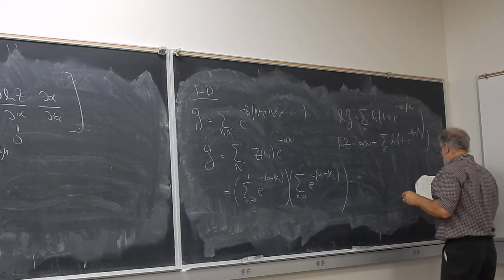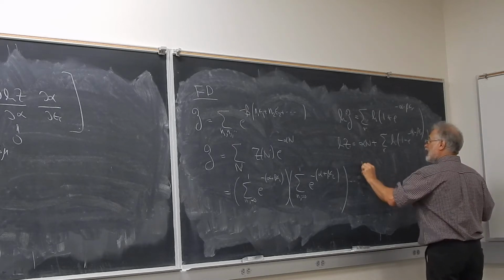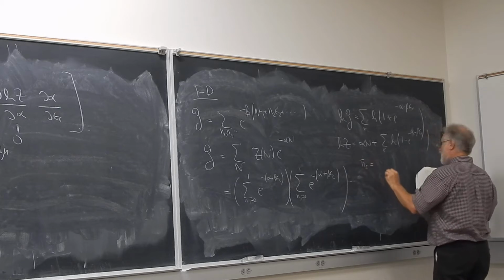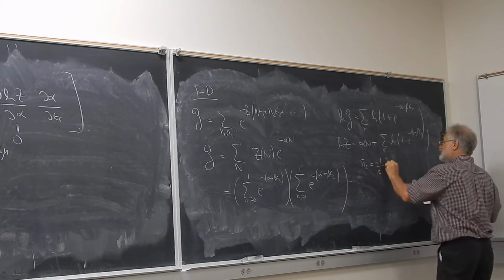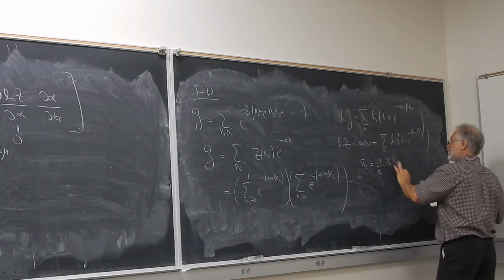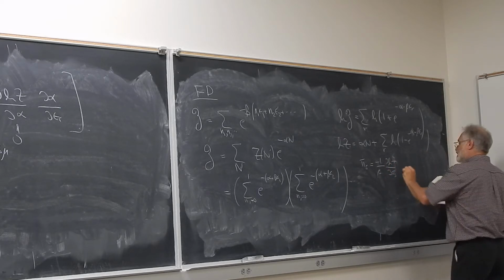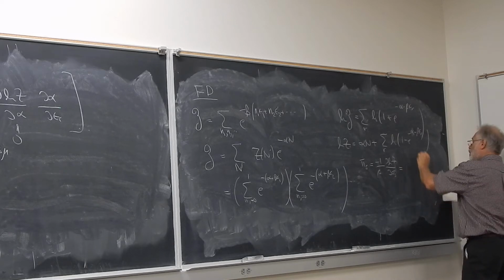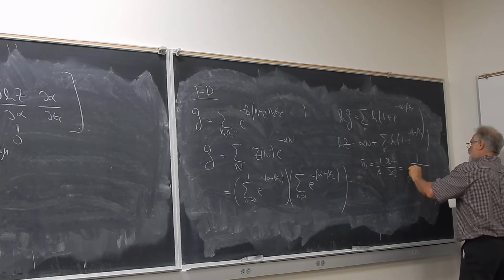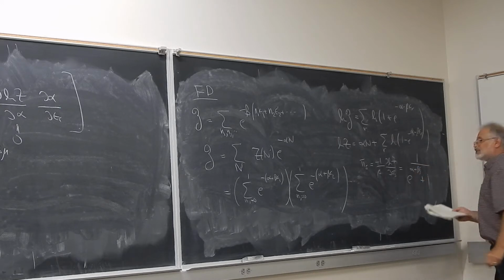Same idea. Ultimately, n sub s is going to be equal to minus 1 over beta d log z d e sub s, which is equal to 1 over e to the alpha plus beta e sub s plus 1. See?